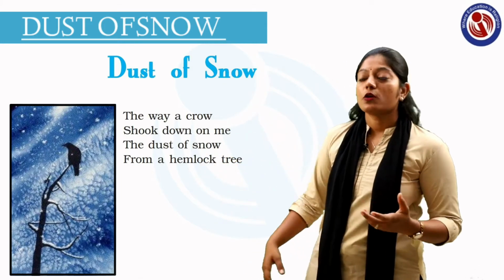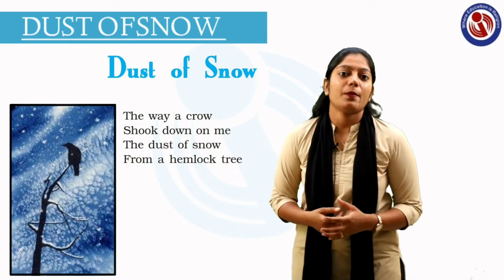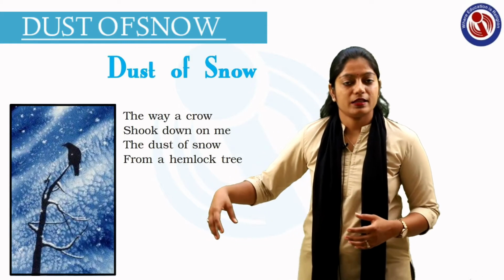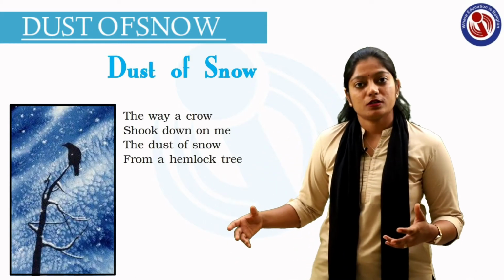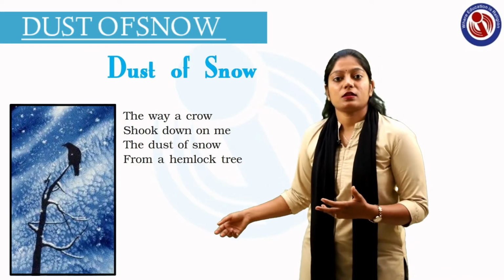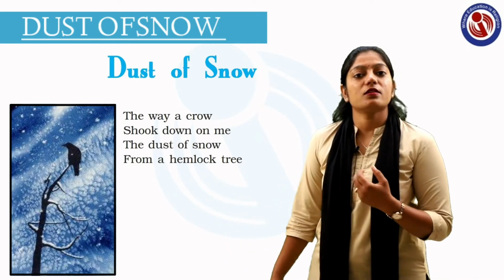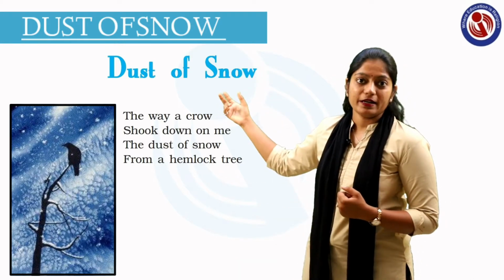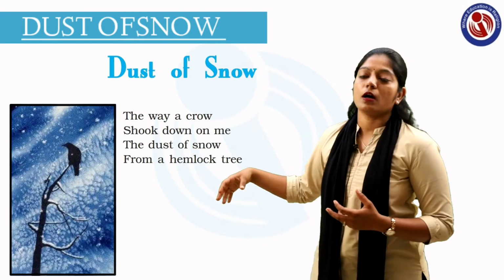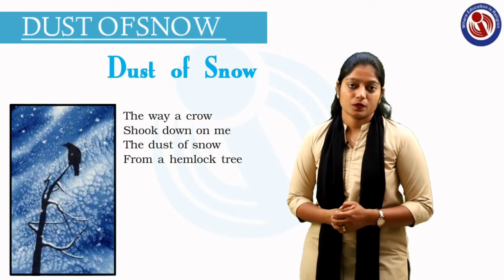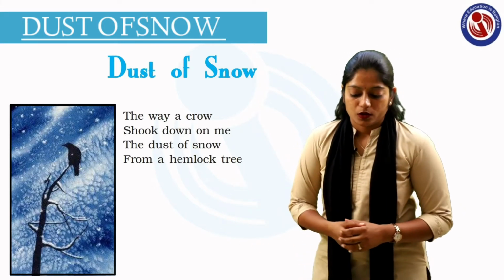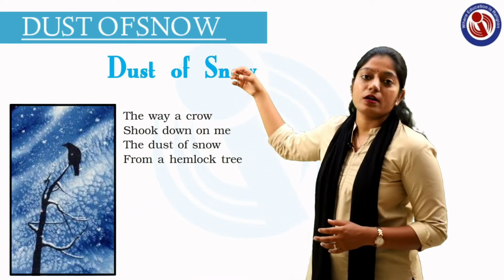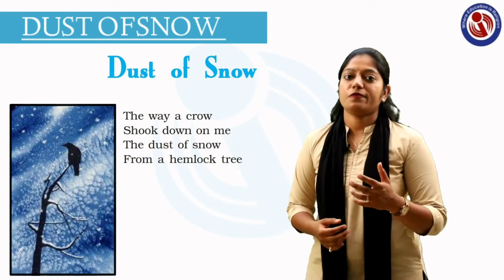So when this crow sat on this tree, the snow fell down, and at that time the poet was standing under this tree, and while the crow sat on the tree, all the snow fell down on the poet. Because of the crow, the snow fell down on the poet. This is the first stanza.